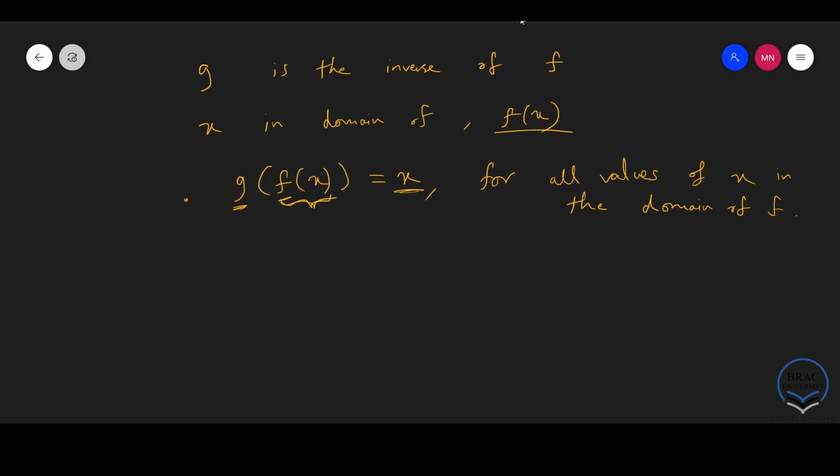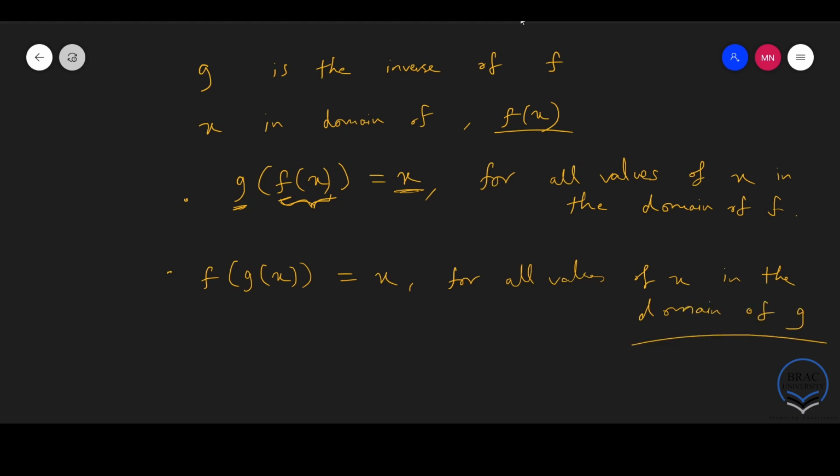And similarly, f of g of x should also equal x for all values of x that is in the domain of g. So if g is the inverse of f, then similarly, the function f will also be the inverse of g.